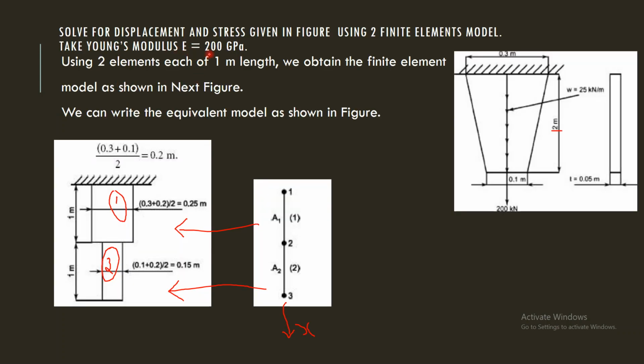Similarly 0.15 into 0.05. Since Young's modulus is 200 GPa, for both elements that value is common, 200 into 10 raised to 9 Newton per meter square, and length is also 1 meter, as I said.